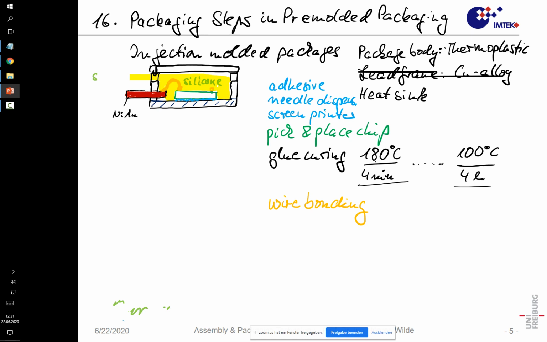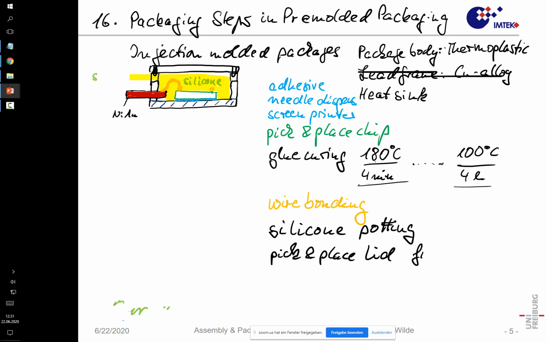And here we have to weld in some way, and that could be done so. First we have the silicone potting, and as a last step we pick and place the lid, and we do some fusion welding.